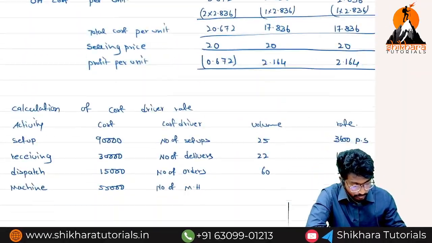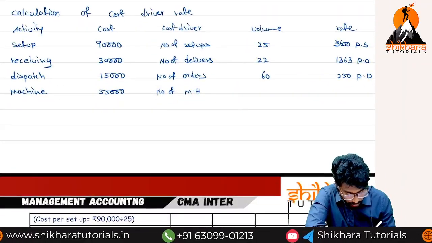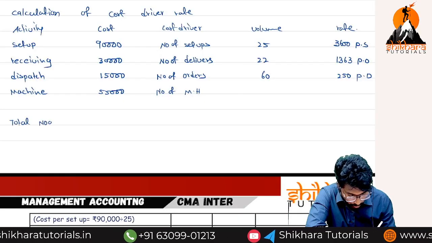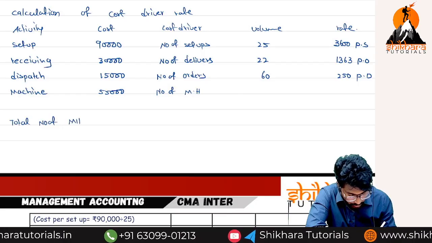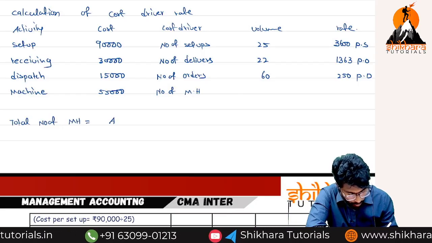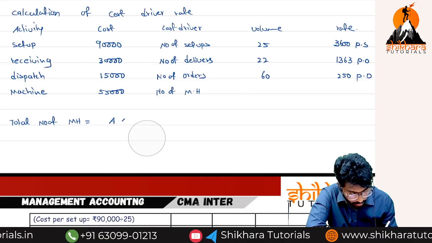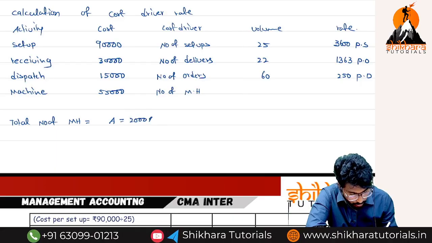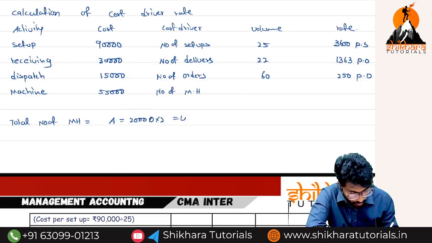Now, total number of machine hours: for A, how many units? A is equal to 20,000 into 2, 40,000.